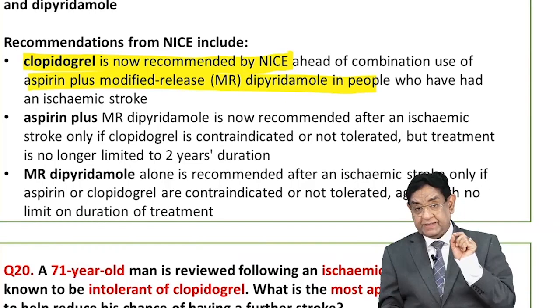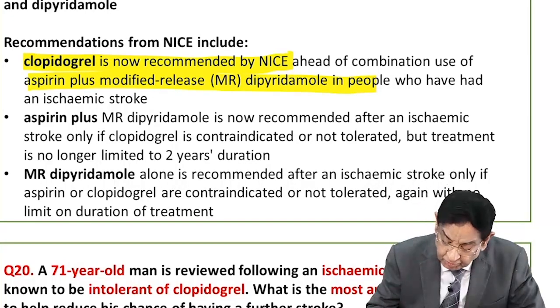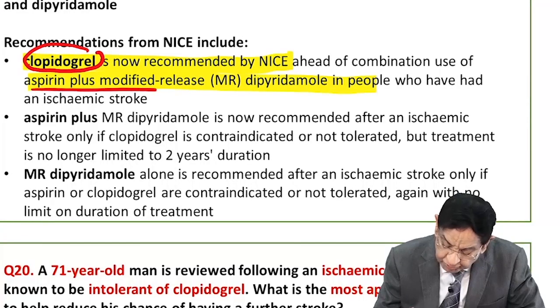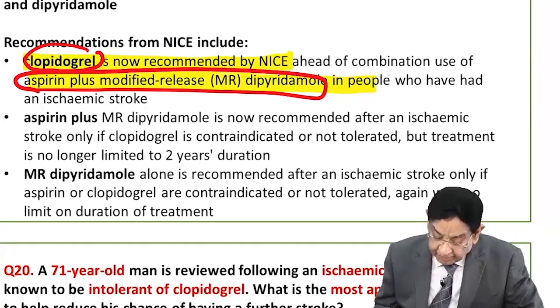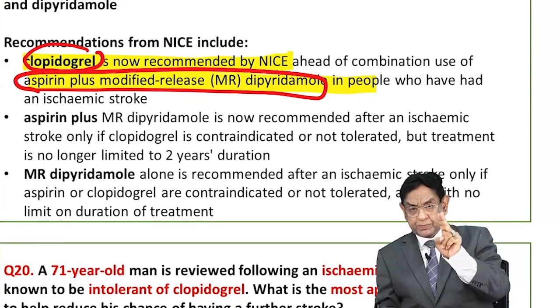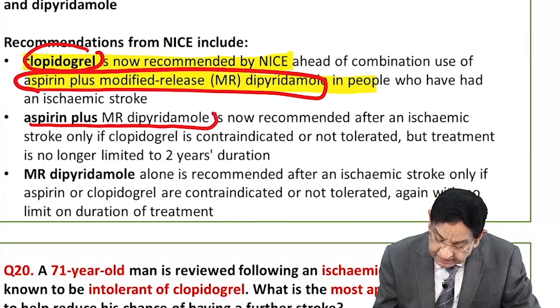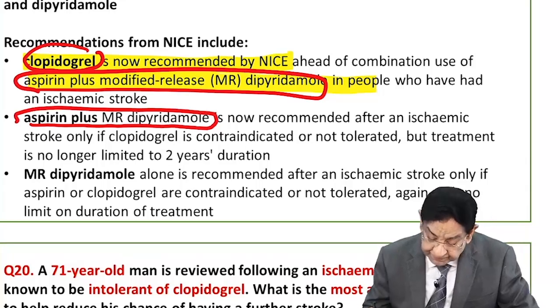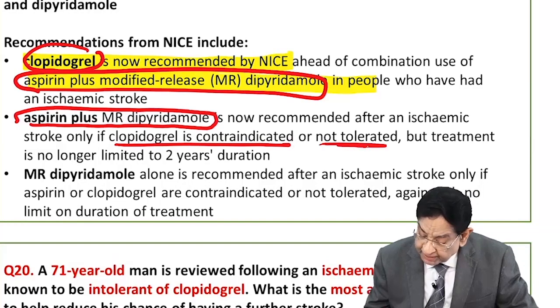I repeat again. At the time of discharge, they say clopidogrel is a better drug as compared to the combination of aspirin and dipyridamole. Point number 1. Point number 2, you will give a combination of aspirin and dipyridamole if clopidogrel is contraindicated or not tolerated.